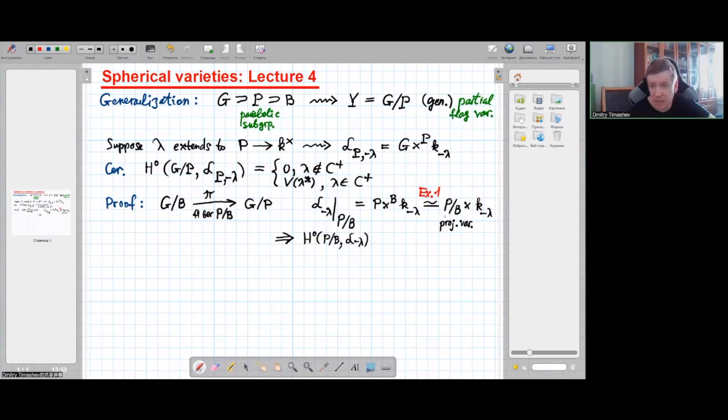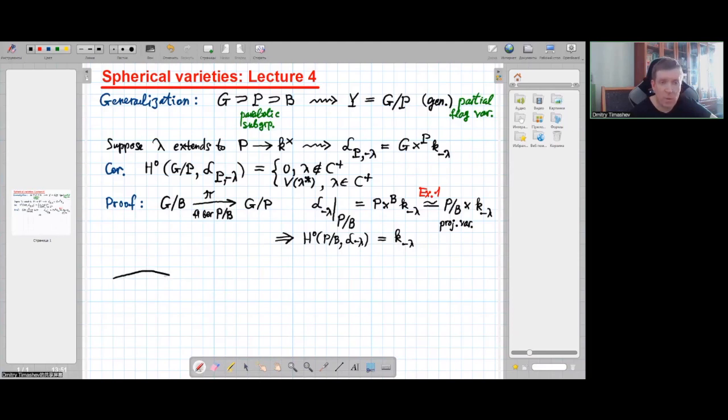And since the base variety is projective, there are only constant functions. So the space of sections is just canonically identified with a typical fiber, K sub minus lambda, only constant functions. So maybe let me try again to draw some picture for you.